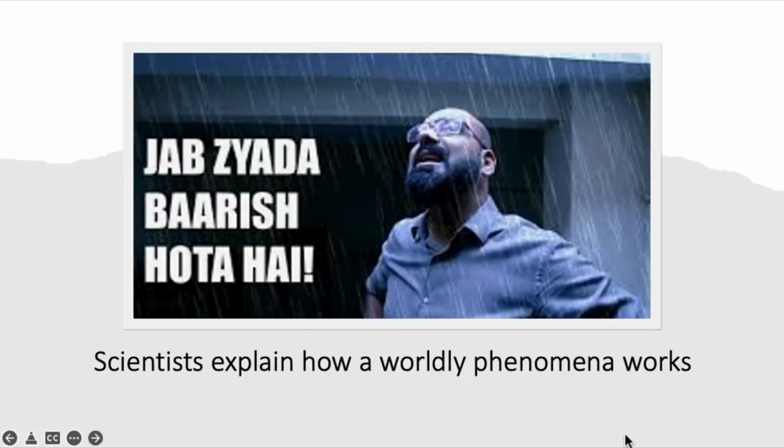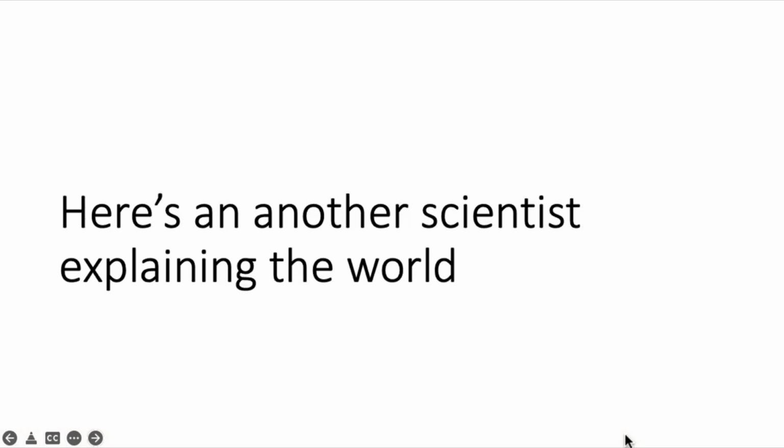So what we're trying to basically do is explain how the world works, and what you see over here is an example of a scientist trying to explain how the world works. Here's another example of a scientist explaining how the world works.